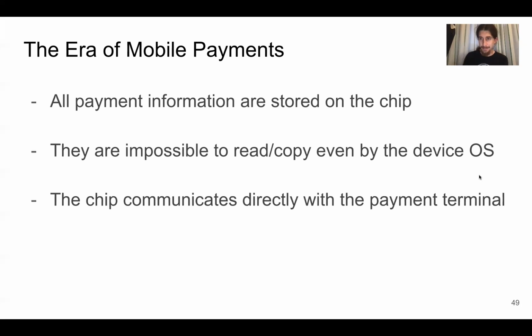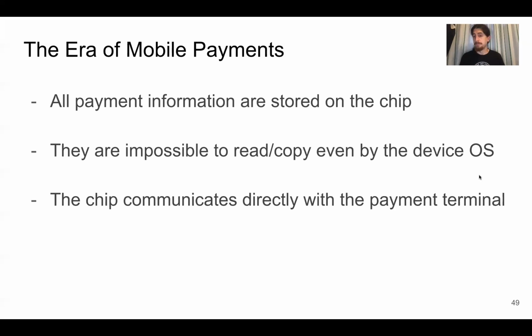The idea is that the chip would communicate directly with the payment terminal. So if you go somewhere and you need to pay, you have this payment terminal, and you can put your phone near, and the terminal will talk directly to the secure element. The operating system, if it's involved at all, just does the transmission of packets and so forth, but it's all cryptographically encrypted.